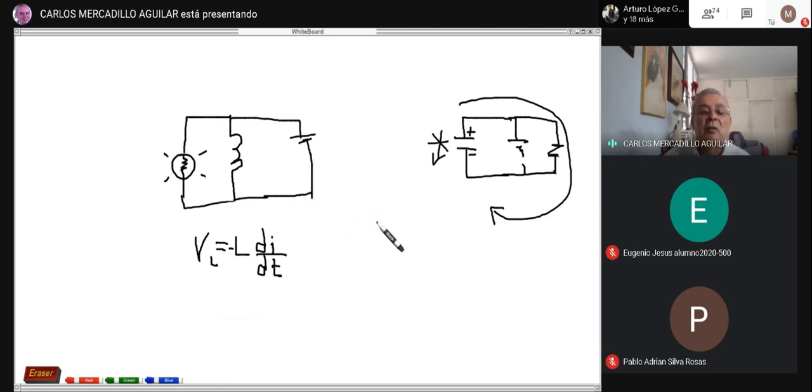it will start a current, but I will show. It will start a flow of electrons in this direction. But that is a change in current because it was zero. And then there starts to be a change in current.